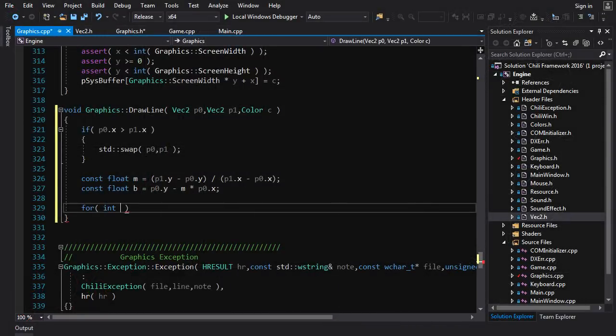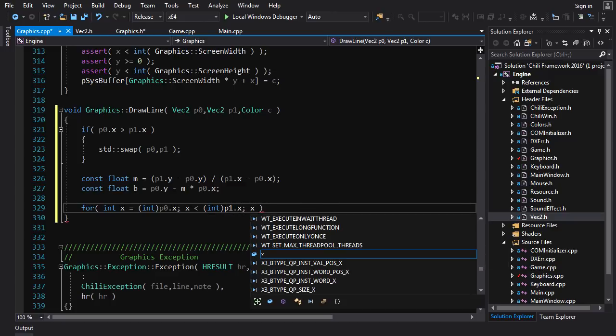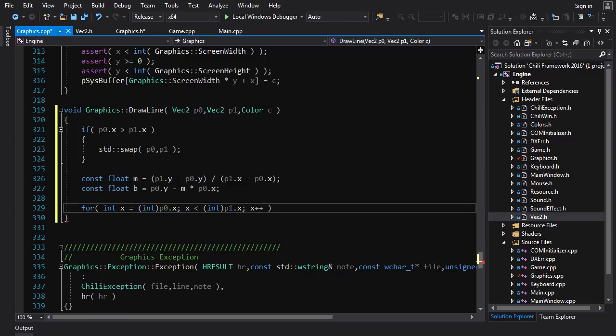So we can do for int x is equal to p0.x, and we want to convert that to an integer. I like the loop in integer rather than in floating point in general. And as long as x is less than, we'll just do the conversion in here, p1.x, x plus plus.